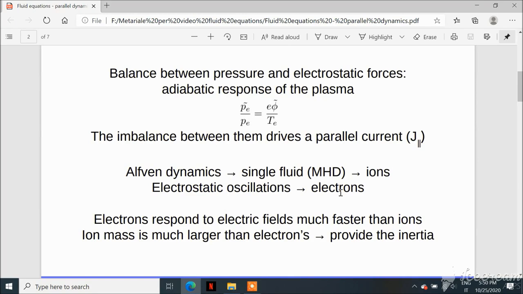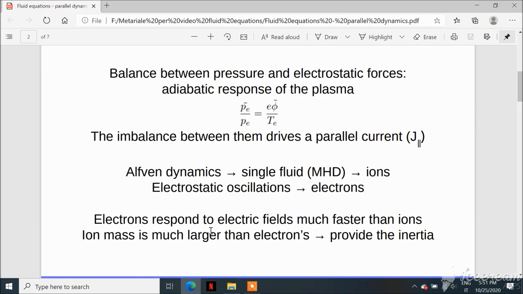So typically the Alfvén dynamics is more related to the ions. Instead, the electrostatic oscillations, such as the plasma waves, are more typical of the electrons, but plasma waves are just the most simple ones. Actually, also the imbalance between pressure and electrostatic potential is an electrostatic effect, and it is in fact related to the electron dynamics.